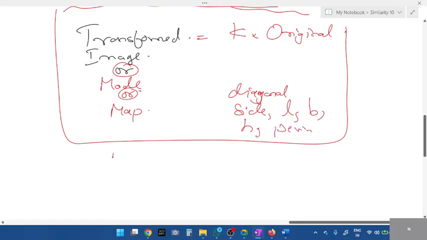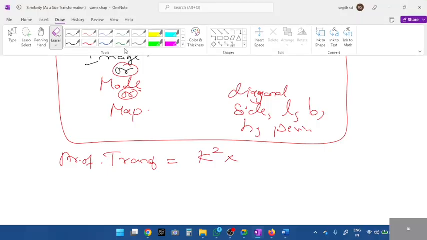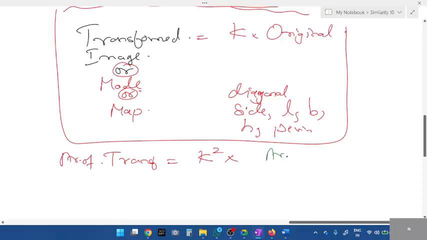Next, same concept, transformed image is equal to k square into original image. This is for area. So I'll just add a word here. Area of transformed image is equal to k square into area of original image. Area of actual figure, original figure, anything.